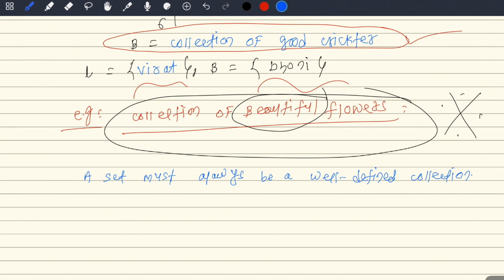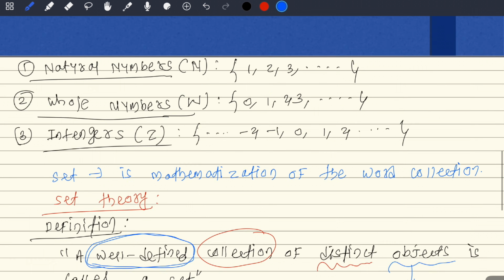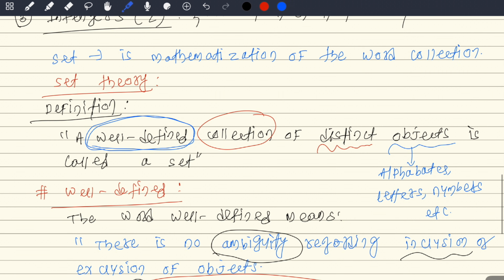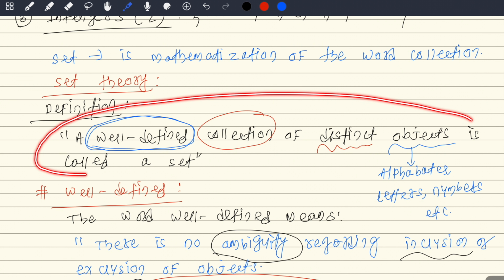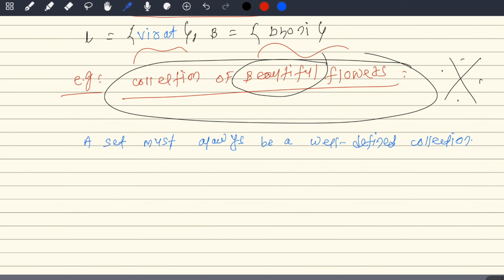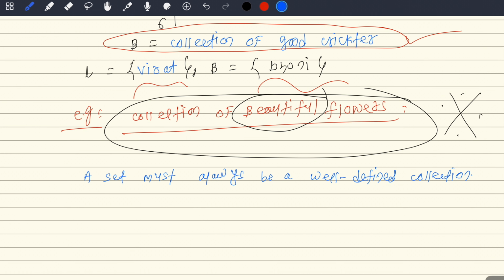What type of collection? It should be a well defined collection. Well defined collection of what? Objects. Objects can be anything. What type of objects? Distinct objects. So a set is a well defined collection of distinct objects. I hope you understood the definition of set. If you have any doubt, feel free to ask. Pause for a moment, think, then proceed.